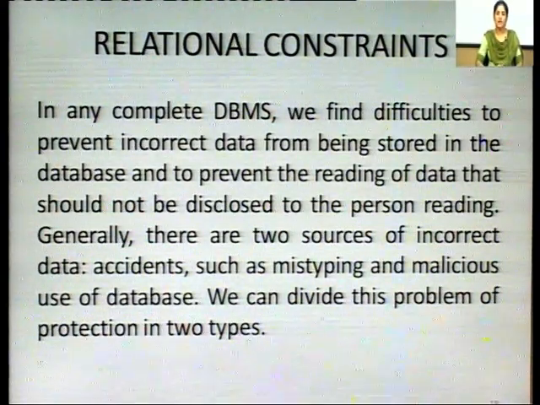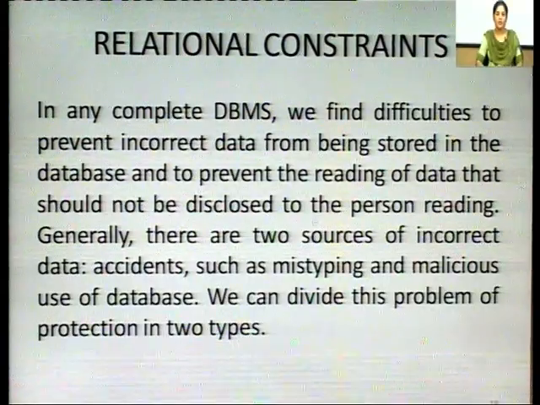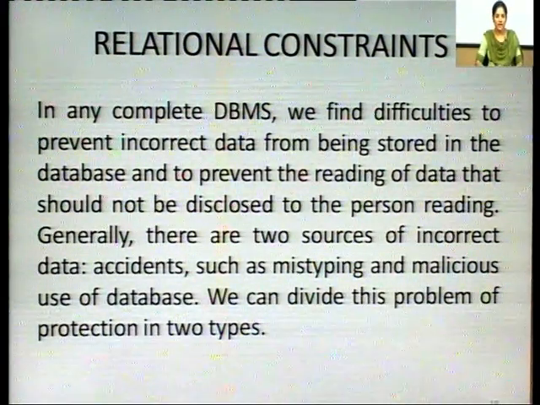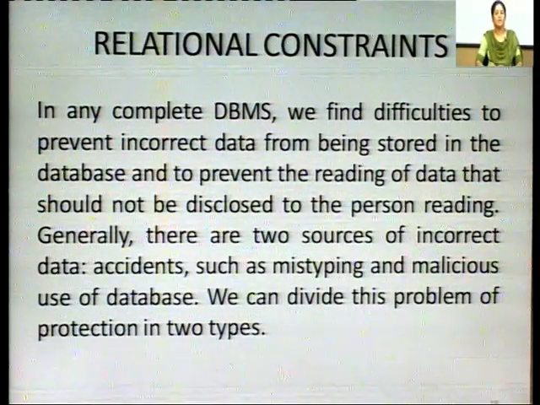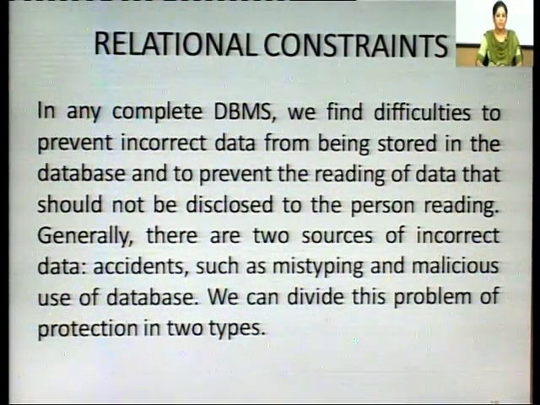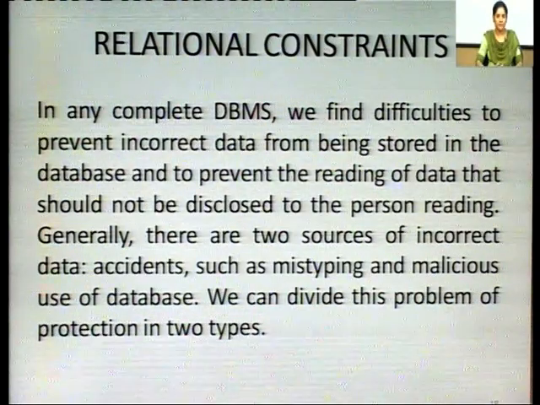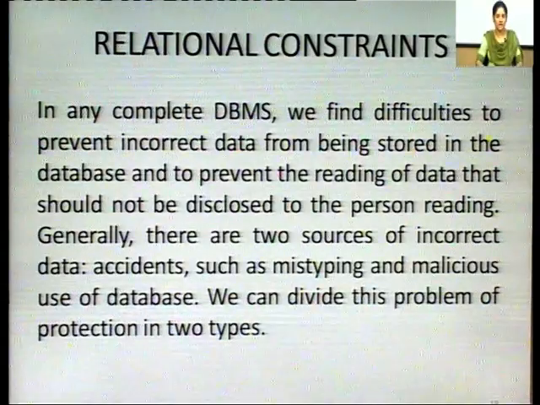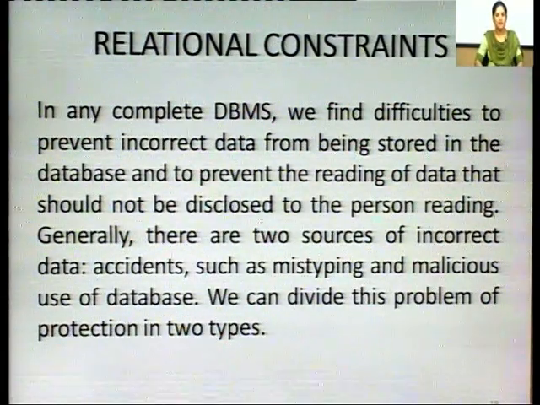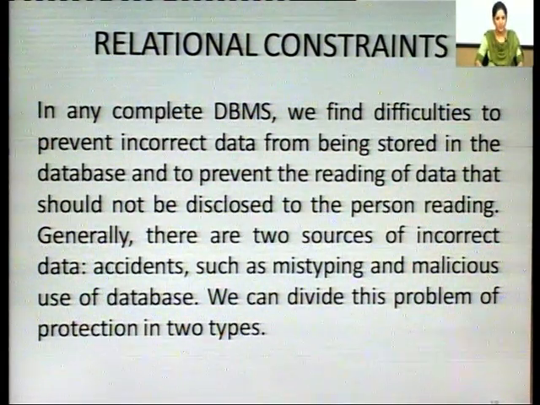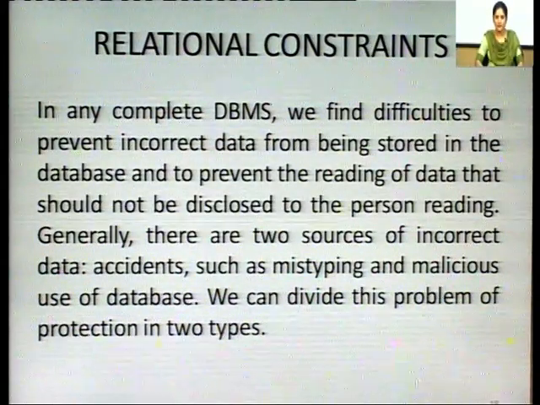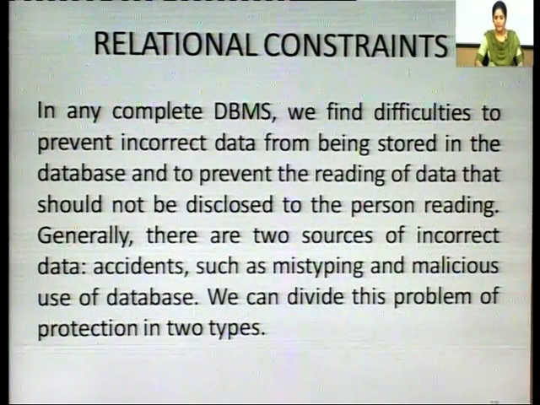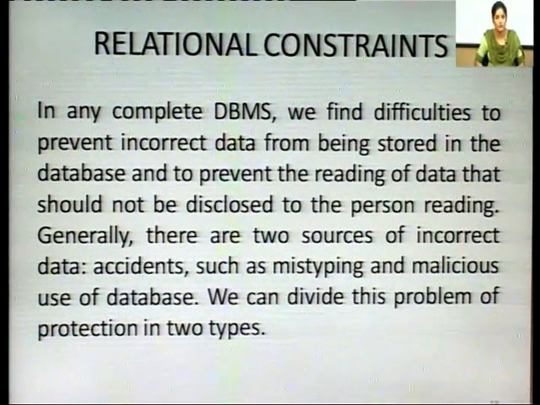So in any database management system, we don't want incorrect data to enter the database, and along with it you would like to keep your data private, so that a person who is not authorized to read your data cannot read it. Generally, there are two sources of incorrect data. One is accidental data, such as mistyped errors, and second is malicious use of the database.